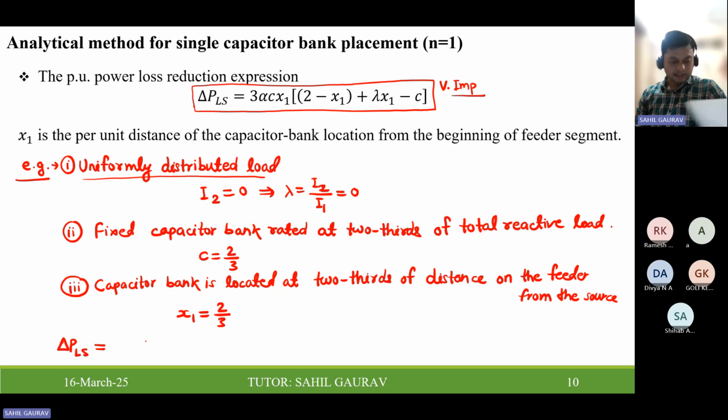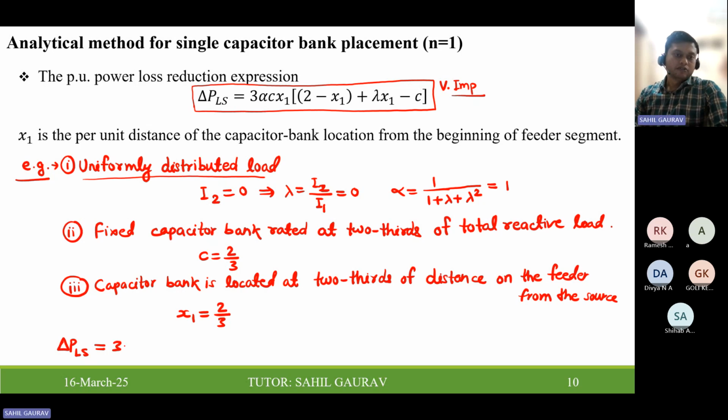So for the power loss reduction, if you put in all these values, from lambda you can also find alpha. So alpha equals 1 plus lambda square, so alpha will come as 1.